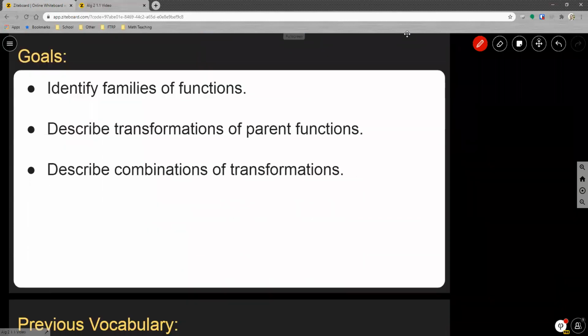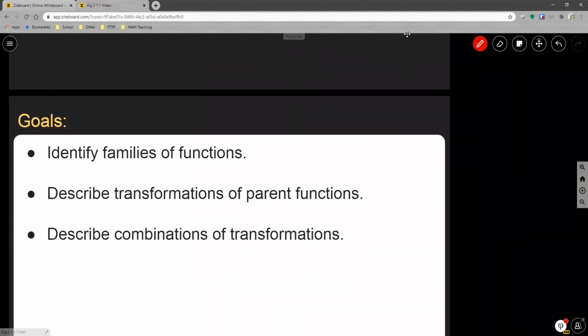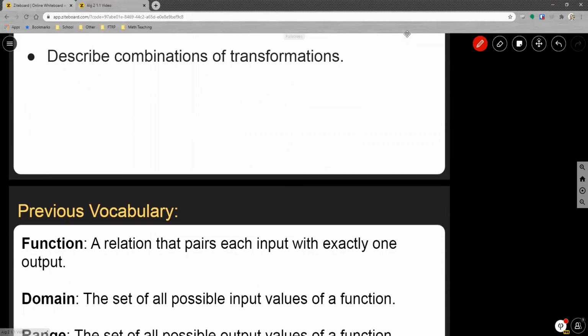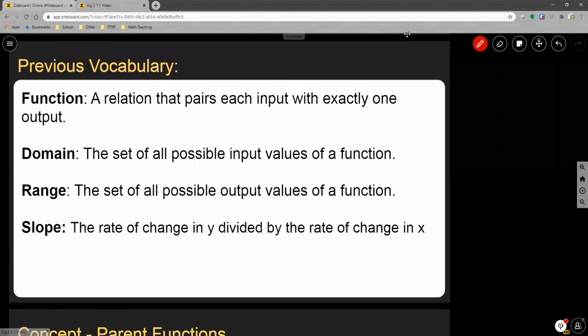So our goals for this chapter are to identify families of functions, describe transformations of parent functions, and describe combinations of transformations. There's some previous vocabulary from Algebra 1 and prior that you may need to review, but I will briefly talk about them as well in here.